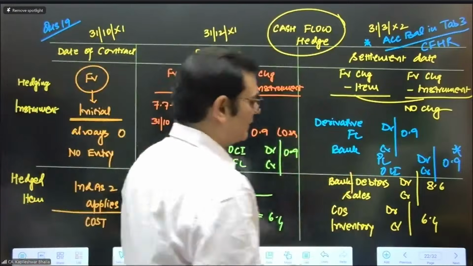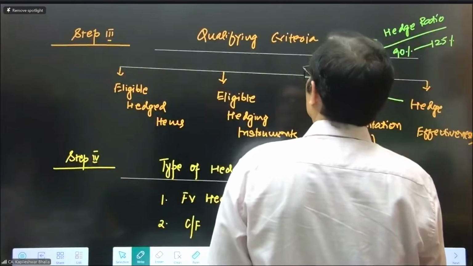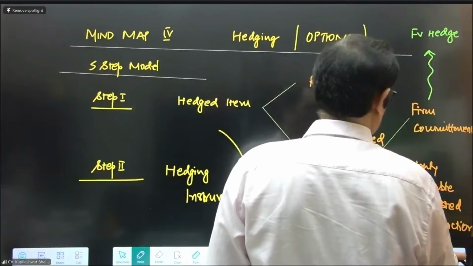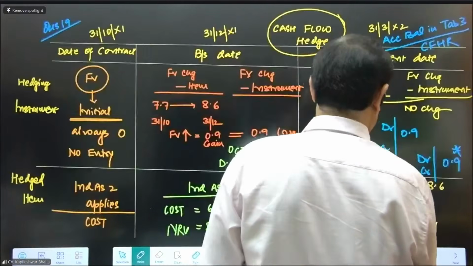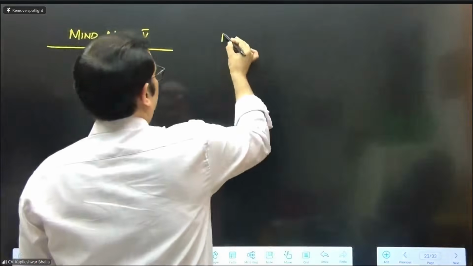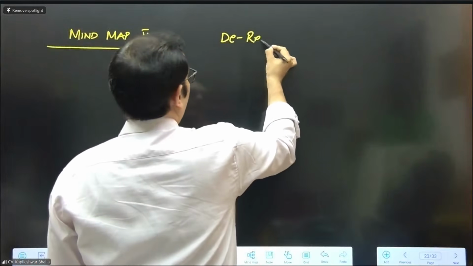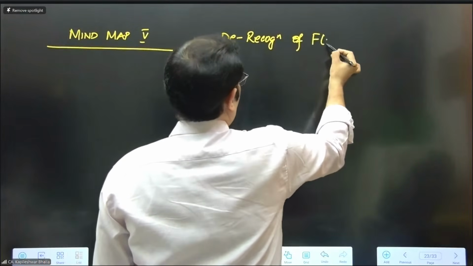So let's make mind map number 5 for the day, the last mind map on liabilities so that everything remains at one place. Mind map number 5 is on the concept of derecognition of financial liabilities.